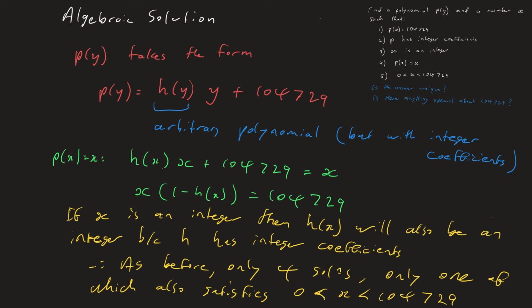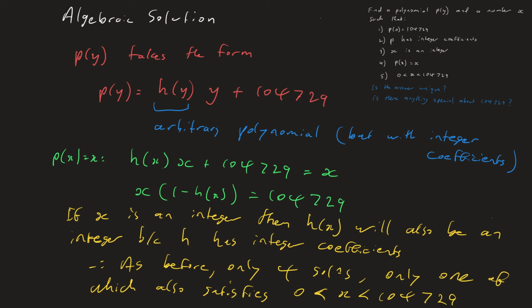Although I won't do it here, to help you better understand this, you might like to take the example if h of y is equal to y minus 1, then you can replace this with y minus 1 in brackets, and you can do the multiplication here to get y squared minus y plus this, and you see you indeed get a polynomial coming out here. So if h of y is a polynomial, then this whole thing will be a polynomial.